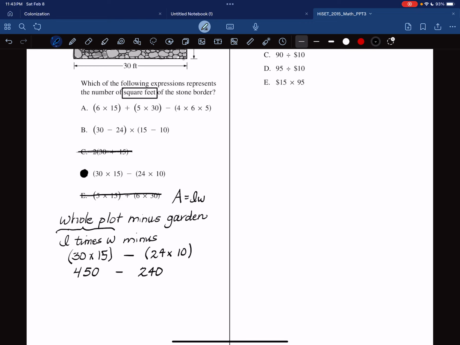I cannot do math in my head. I have dyslexia and it doesn't line up for me in there. So let's see, 30 times 15, let me just check myself. That's 450 minus 240. So the area of the garden is 240, and 210 would be the area of the walkway.